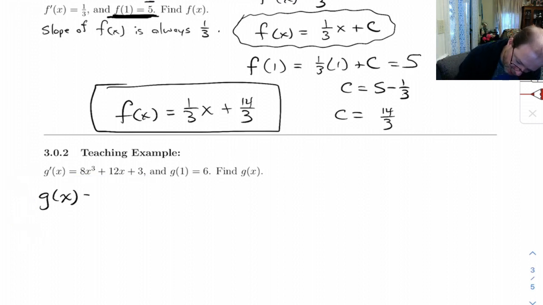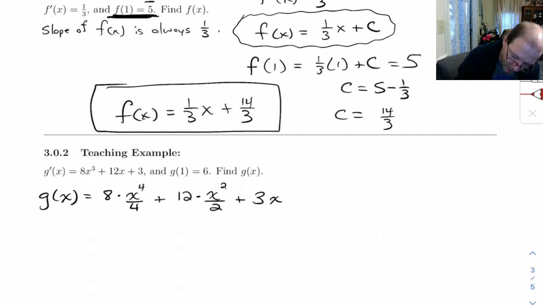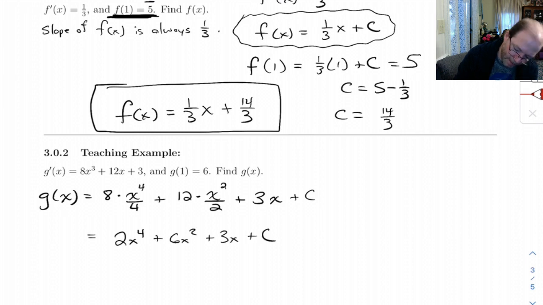So little g is going to be 8 times x cubed gives me x to the 4th over 4, plus 12 times x squared over 2, plus 3x, plus the constant. And so I can clean this up into 2x to the 4, plus 6x squared, plus 3x plus c.